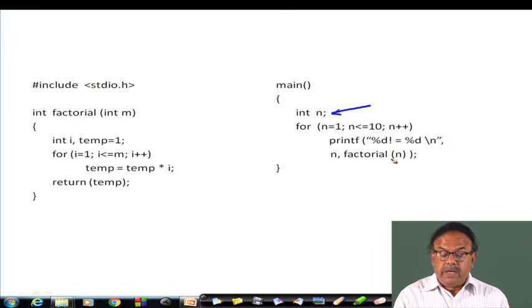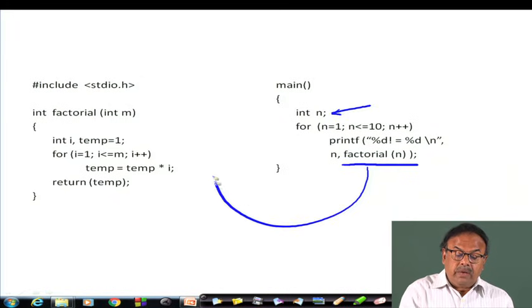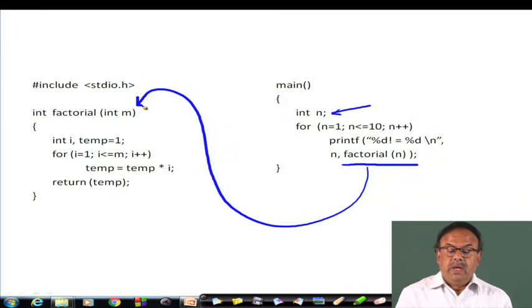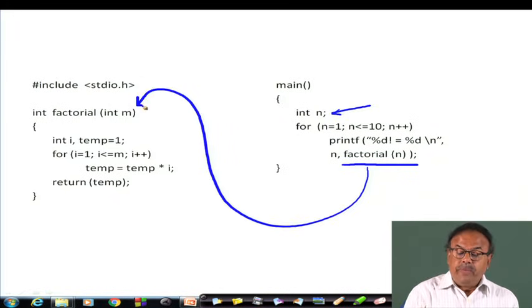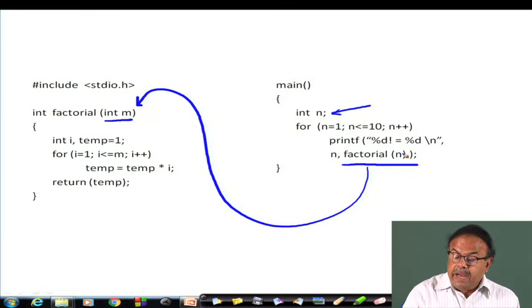So, factorial n. Now, when this factorial n is encountered, then this function is called. What is this function doing? It has got int m. So, m is the argument and is being called with the parameter n, which is being taken first 1, then 2, then 3, like that till 10.